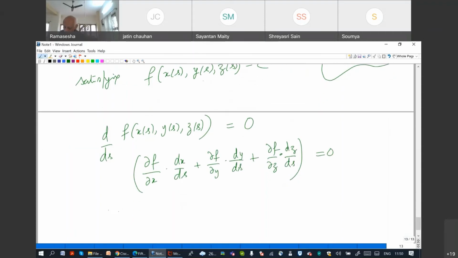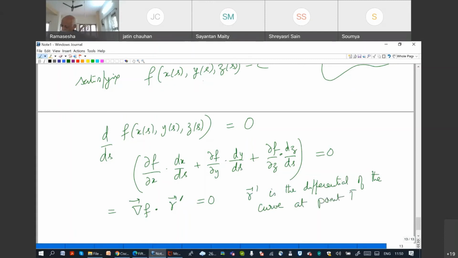Or this is equal to grad f times r prime is equal to 0. r prime is the differential of the curve at the point P. Right?